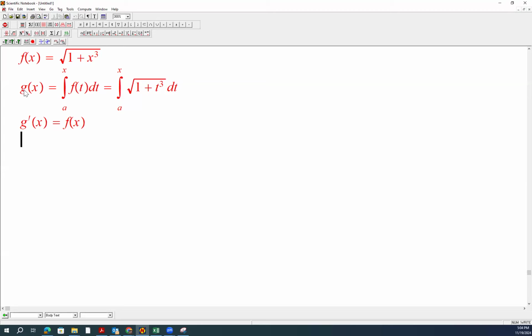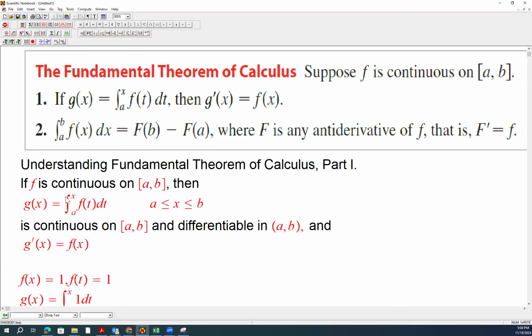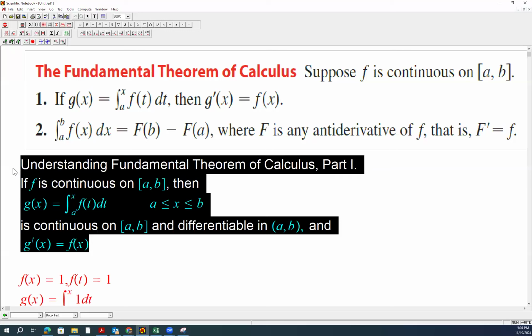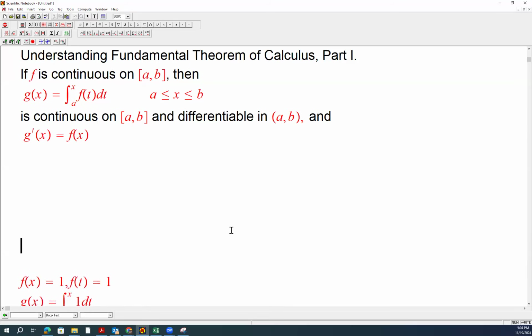And there are some other situations. Let's go back to the Fundamental Theorem of Calculus part 1. So g of x, we can define like this, but suppose I'm going to do some composition.